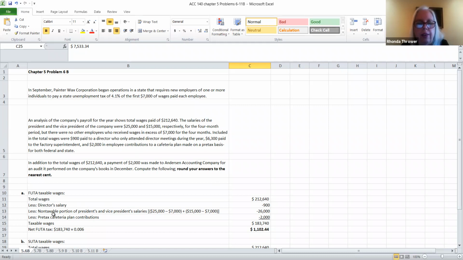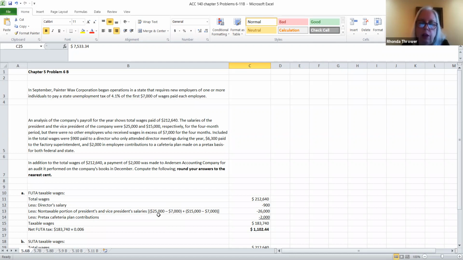Also, there was a non-taxable portion of the president's and the vice president's salaries. You'll remember they said the president's salary was $25,000. Out of that $25,000, only $7,000 are susceptible to the unemployment tax. So in other words, we have to subtract the ceiling to determine how much of those wages are really not taxable.